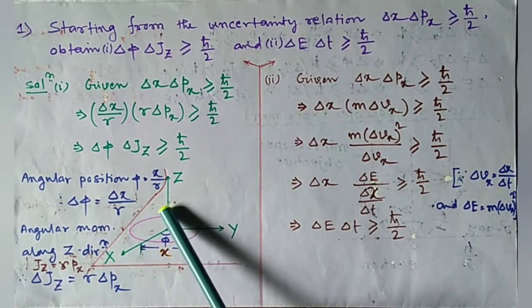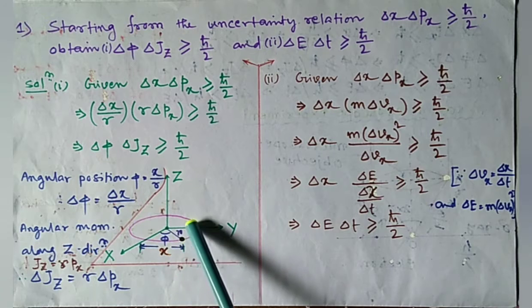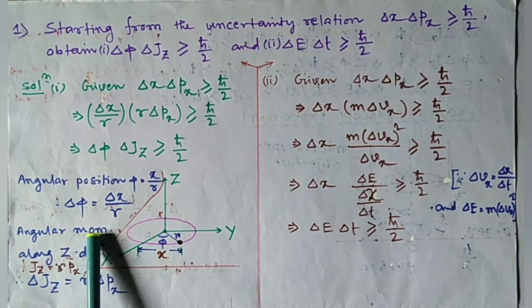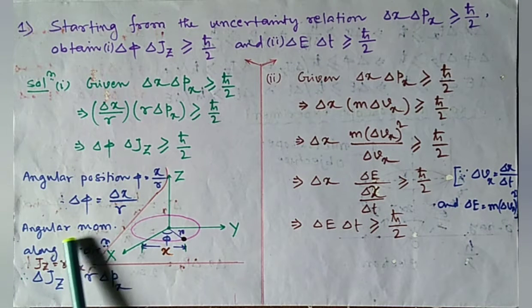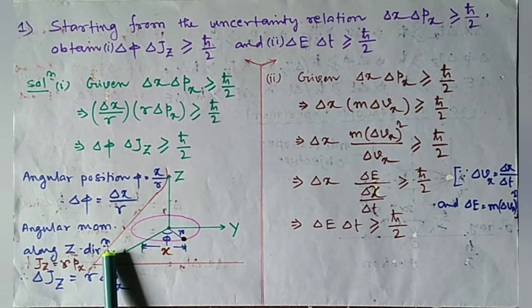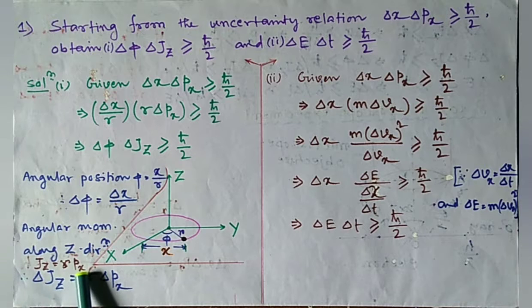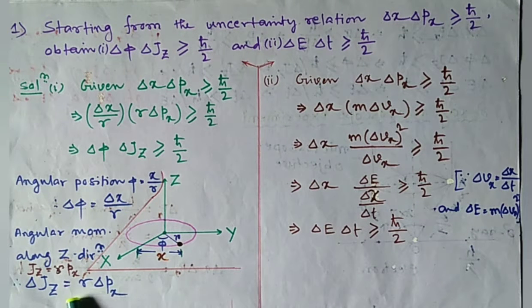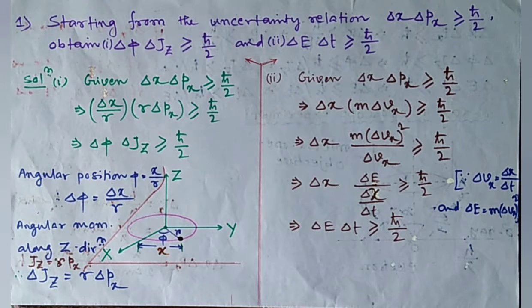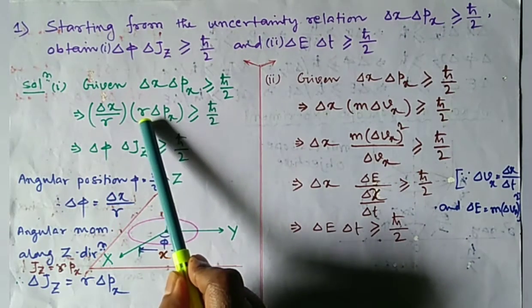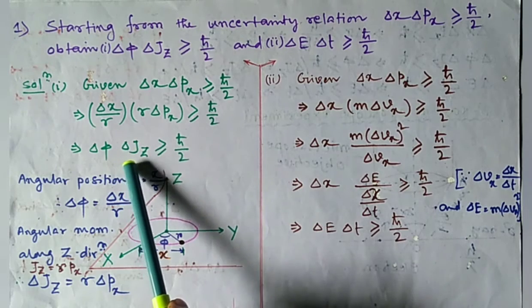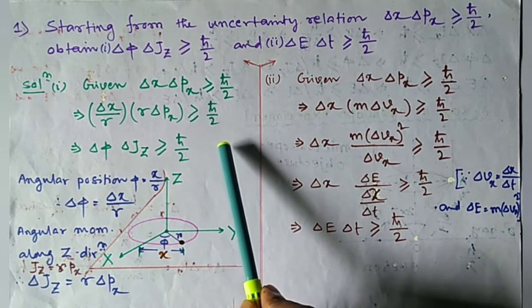As the particle is in the xy plane, the angular momentum will be in the direction of z, and we may write the angular momentum along z direction Jz equals r px. The uncertainty in measurement of this angular momentum is r into delta px. Then it is clear that delta x by r equals delta phi and r into delta px equals delta Jz. So it is proved.